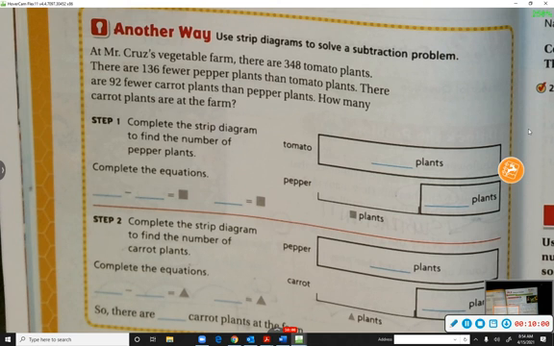There are 92 fewer carrot plants than pepper plants. How many carrot plants are at the farm? Okay. We heard a lot of those ER words, didn't we? Fewer. So that is a clue that we need to do what? Subtract. Subtract. Good.